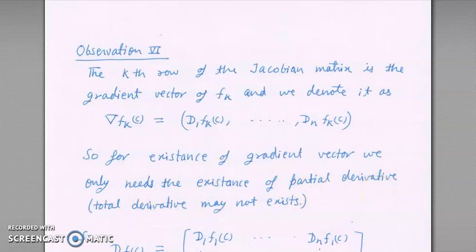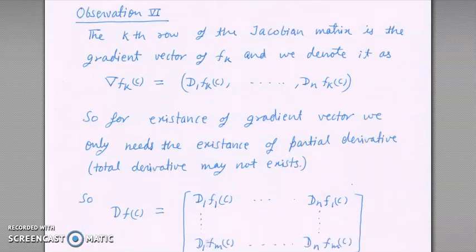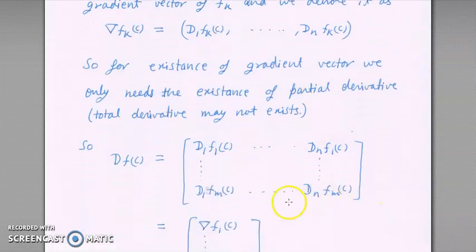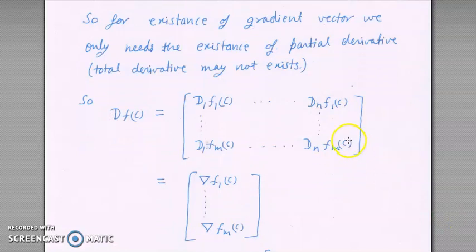Total derivative may not exist, even then the gradient vector may exist. So d of fc, which is the Jacobian matrix, can also be written as, in place of the first row, del f1 c. So this is the gradient of f1 at c, and similarly the second row and third row and the last row can be written as del fm c, that is the gradient of fm at the point c.